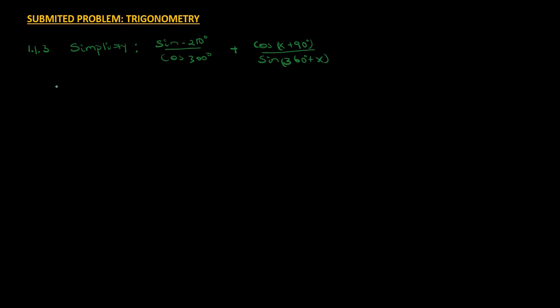by the same student. Now we are required to simplify sine of negative 210 degrees divided by cos 300 degrees, added to cos of x plus 90 degrees divided by sine of 360 plus x. Okay, how can we approach this?